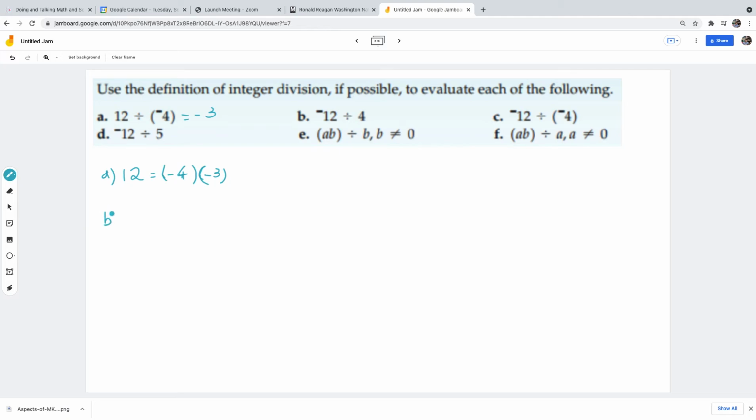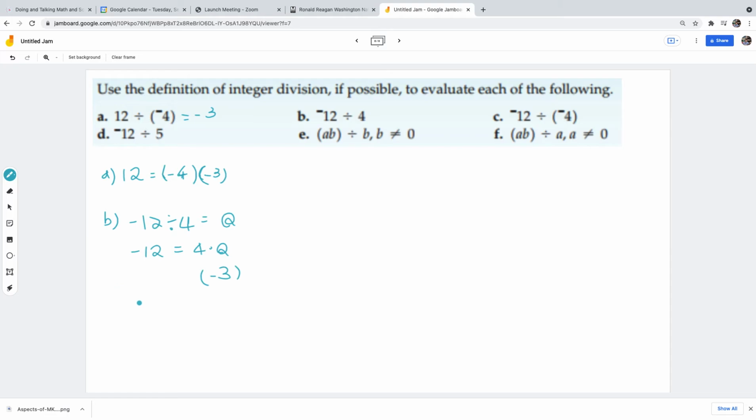We can do the same thing using the definition of integer division to solve negative 12 divided by 4. Let's say negative 12 divided by 4 is the quotient q. Then what's the relationship? The dividend is the divisor times the quotient. So 4 times what makes negative 12? Well, 4 times 3 is 12, so to make it negative, that should be negative 3.